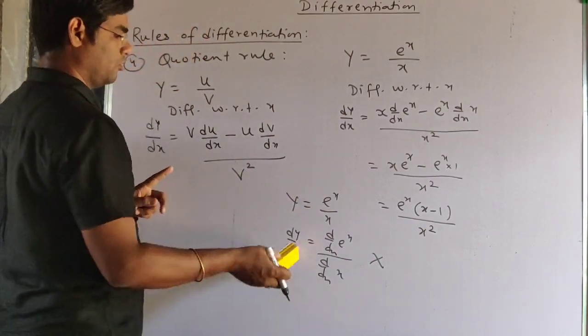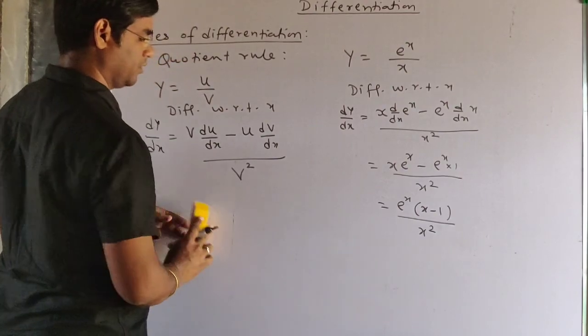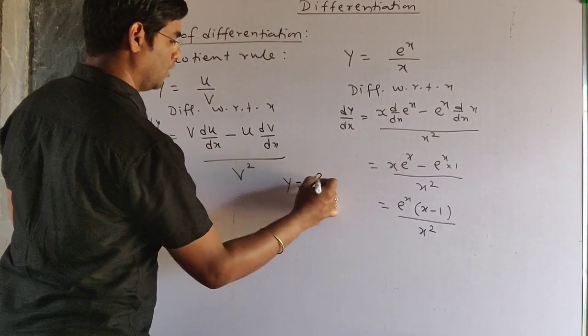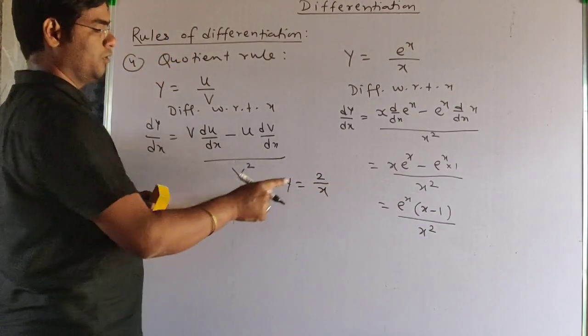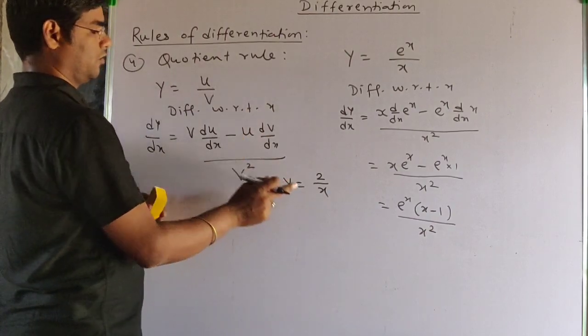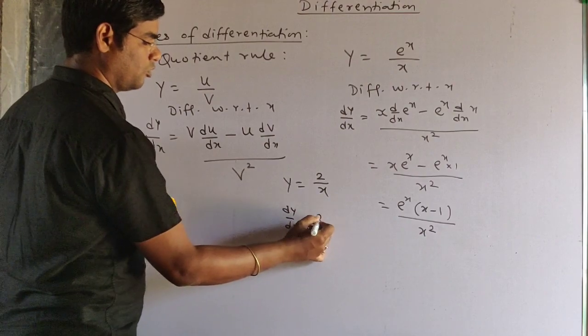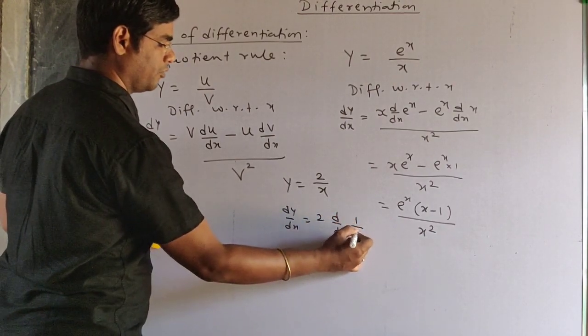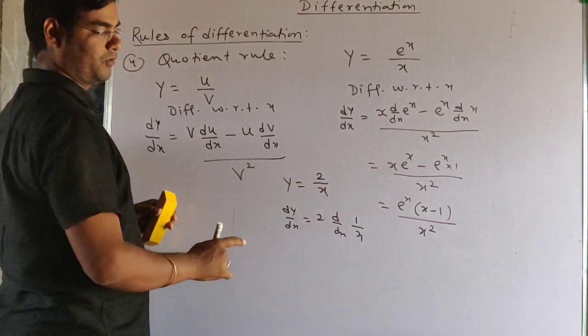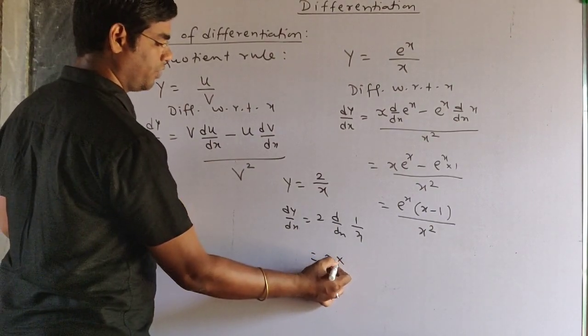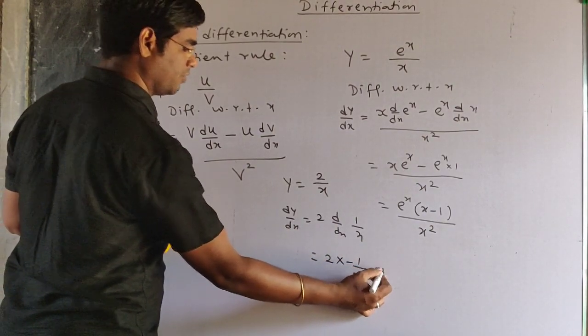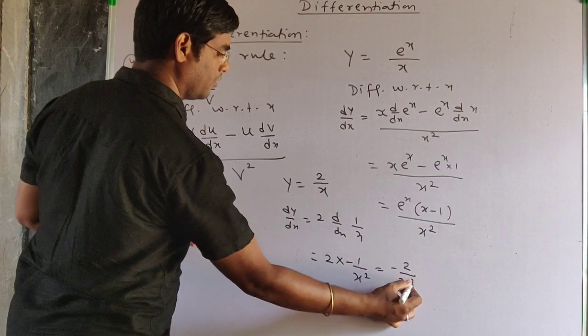But if we have one constant and one variable in division, for example 2 upon x, then there is no need to apply the quotient rule. You can take 2 common, and we are left with 1 upon x only. The derivative of 1 upon x, we know, is minus 1 upon x square. So the answer is minus 2 upon x square.